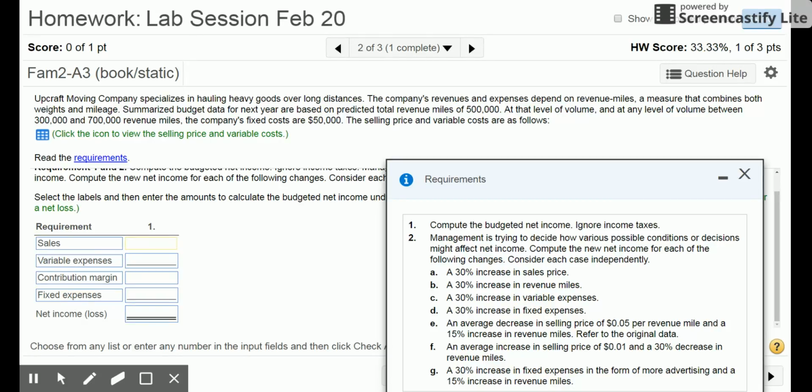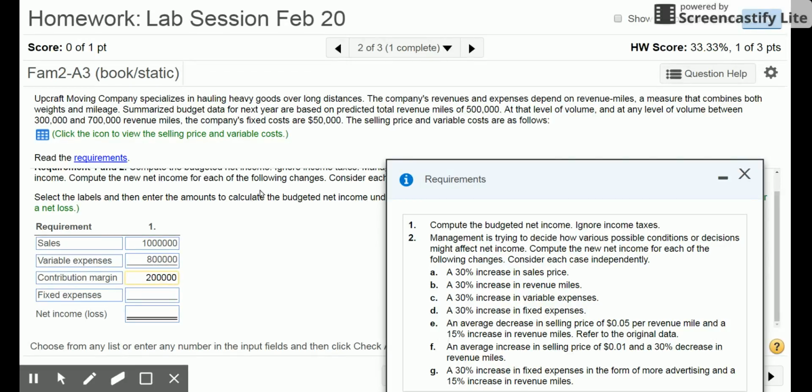Each of them is worth $2, so it will end up with $1 million. Our variable cost was $1.6, which ends up with $800,000. The contribution margin is the sales minus the variable expenses, which is $200,000.